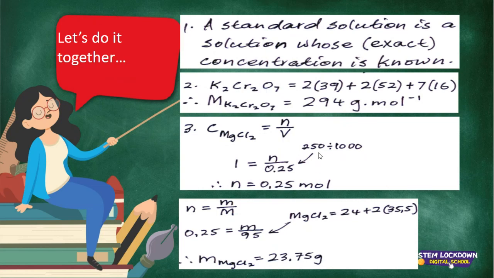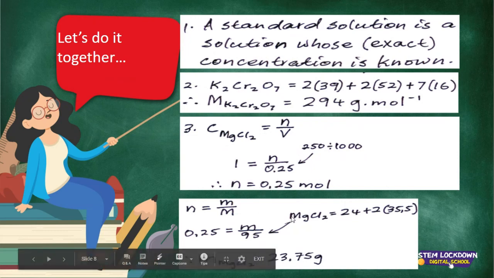The volume was 250 cubic centimeters. We divide that by 1,000 and get 0.25. When you cross multiply, the number of moles is 0.25 mole. That will be required.